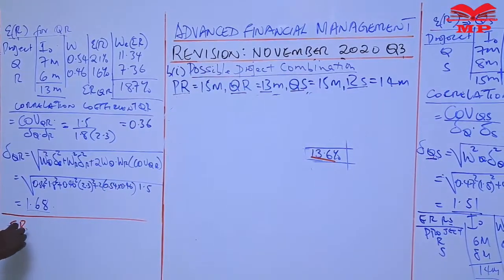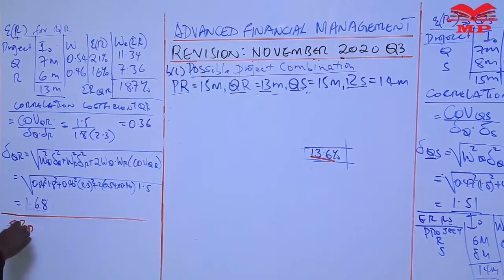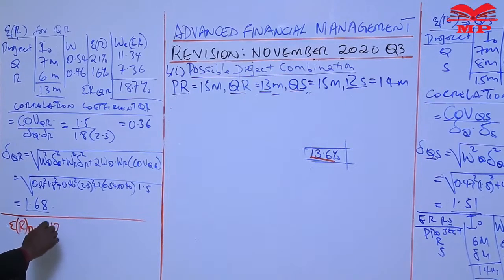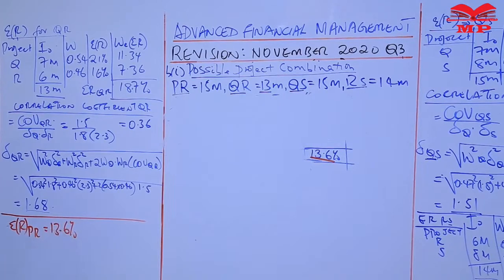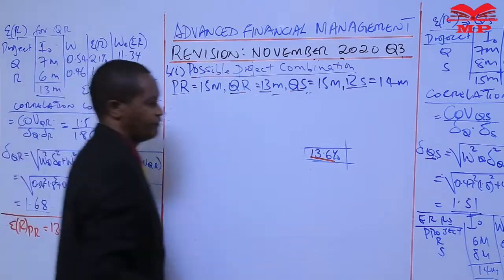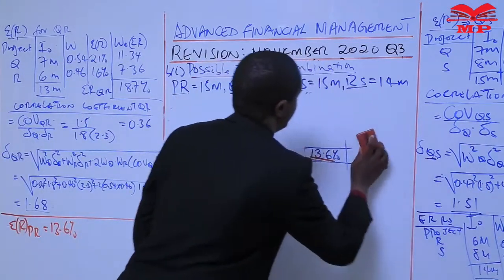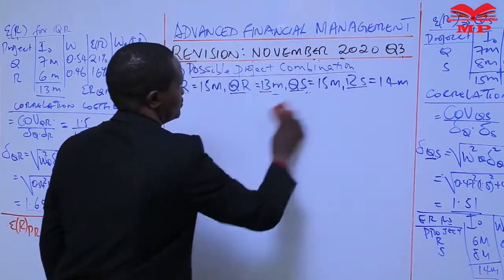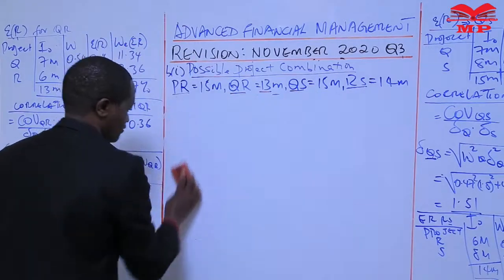First combination was PR, expected return 13.6%. I'll need that when computing the coefficient of variation, or the mean variance.